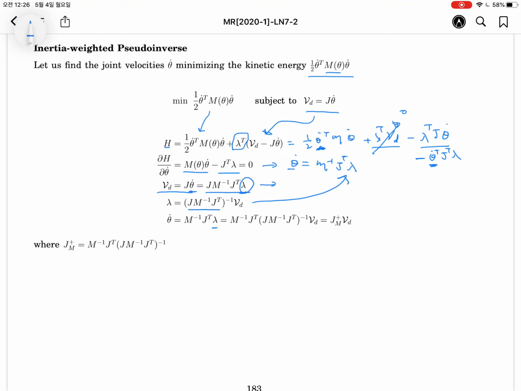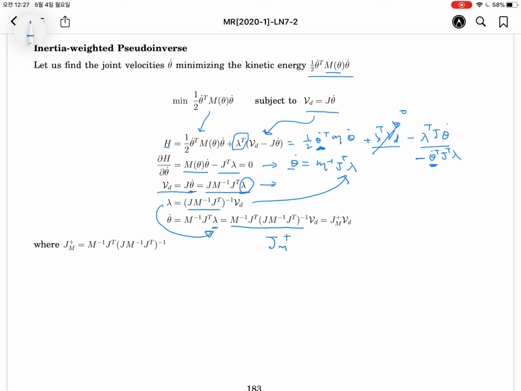So this lambda will be applied to here. Okay, so lambda will be replaced with this term, and we have this very big, very long equation.